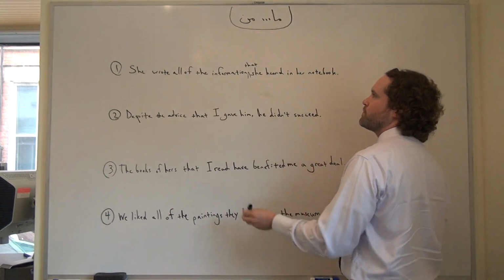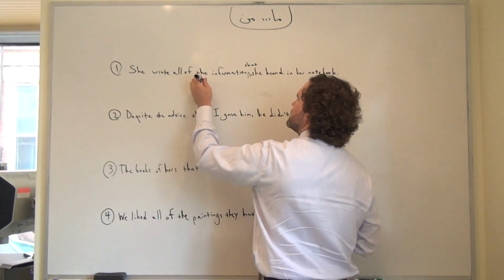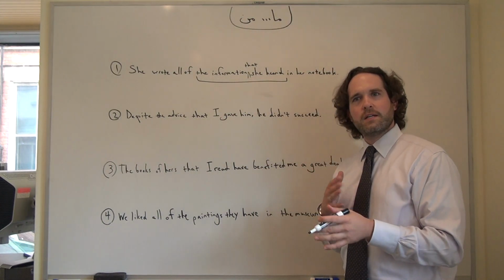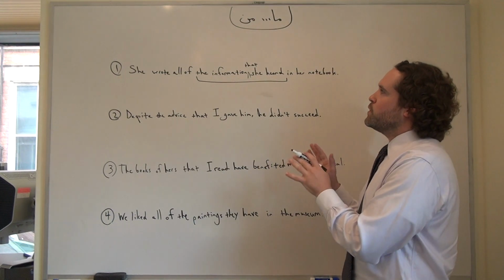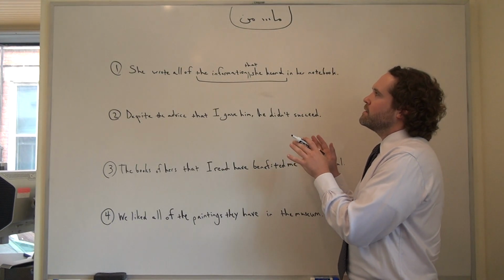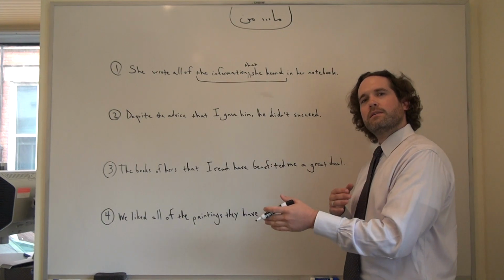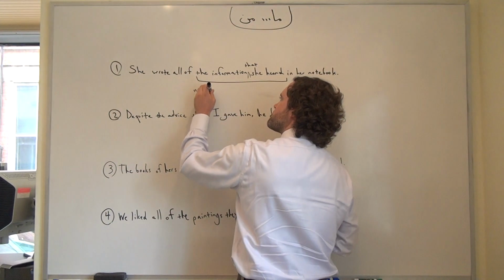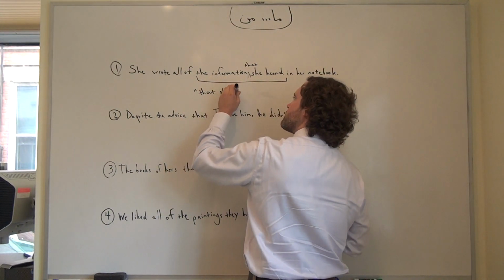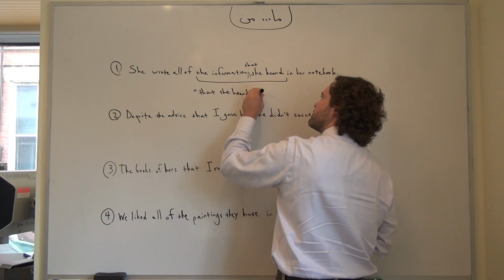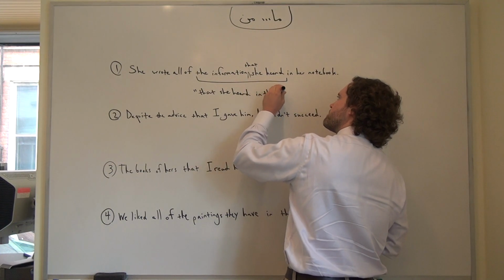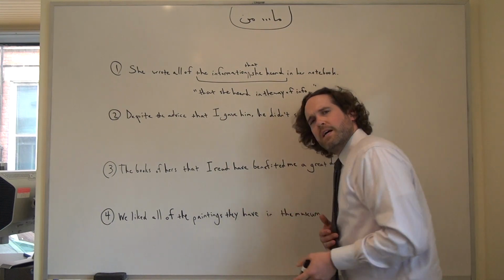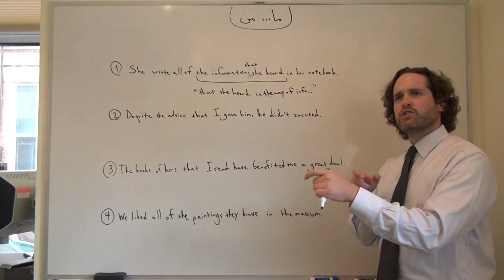What we need to do is take this section and rephrase it so that it sounds more like she wrote all that she heard in the way of information. And that's going to be how we make this structure work.